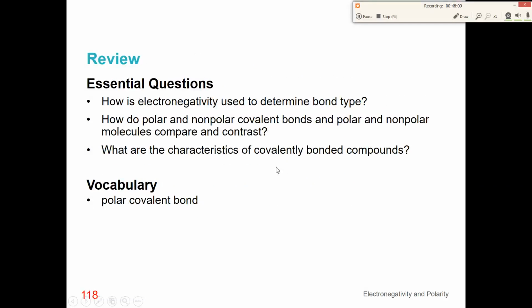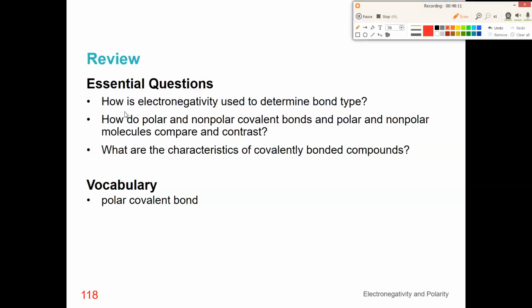Right, that's all for the chapter. So we talked about electronegativity. You can use the electronegativity value to figure out the bond characteristics, how much this bond has a covalent feature or ionic feature, basically polar and nonpolar covalent bonds and polar and nonpolar molecules. For a polar or nonpolar covalent bond, you need to use the electronegativity value.